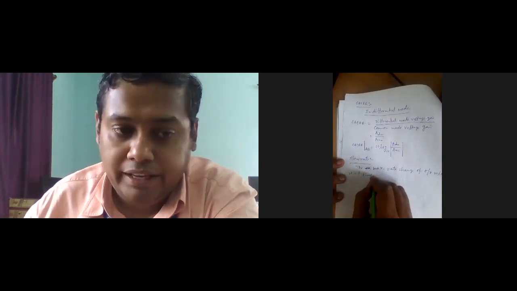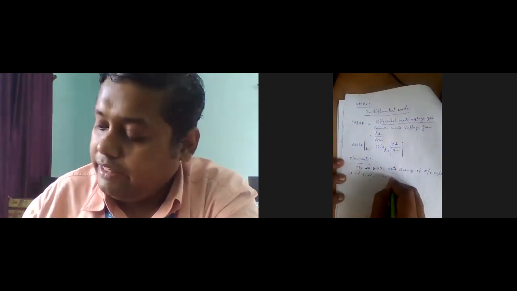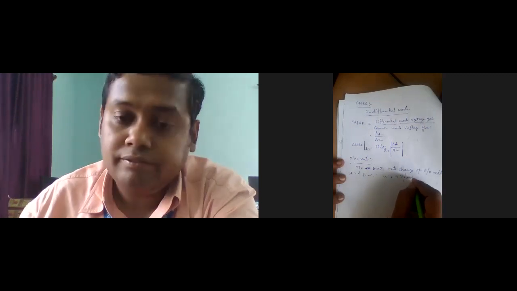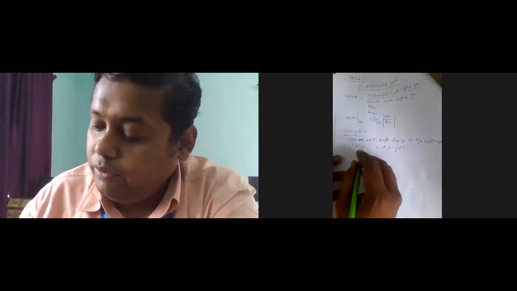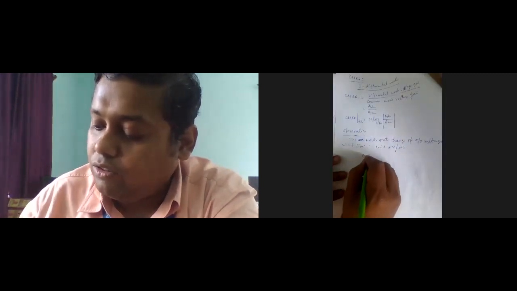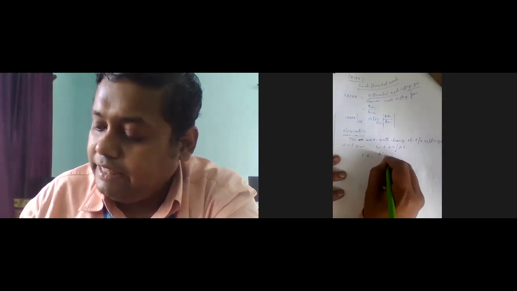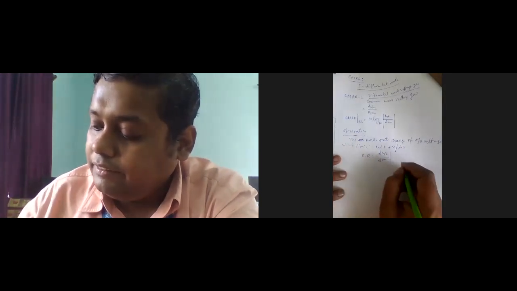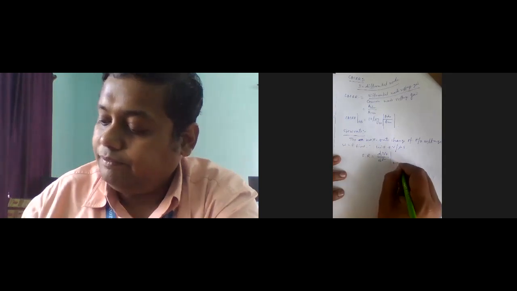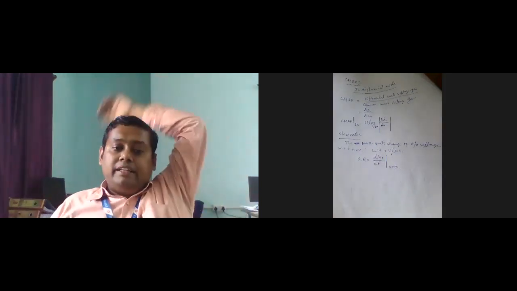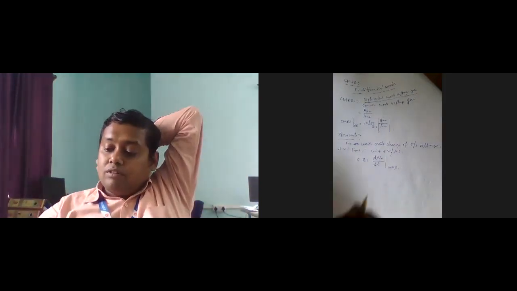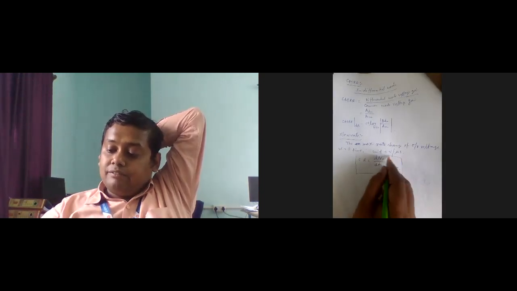Okay, the unit is volt per microsecond. So slew rate or SR is equal to dV naught by dt at maximum. dV naught by dt at maximum is considered as the slew rate.